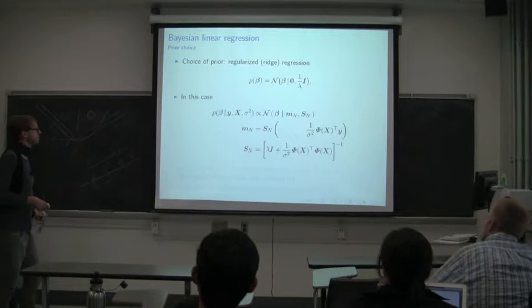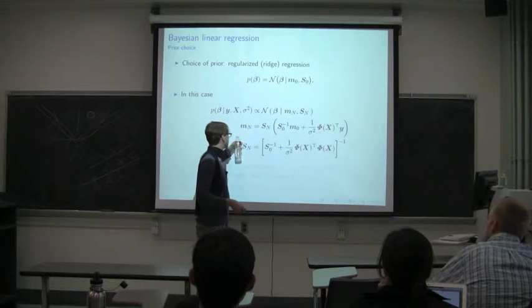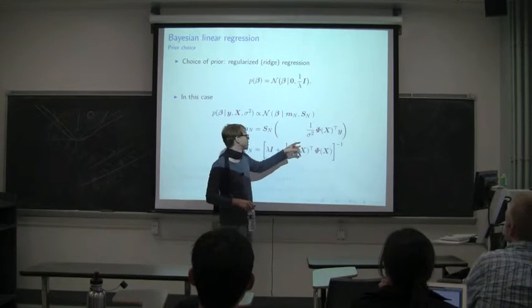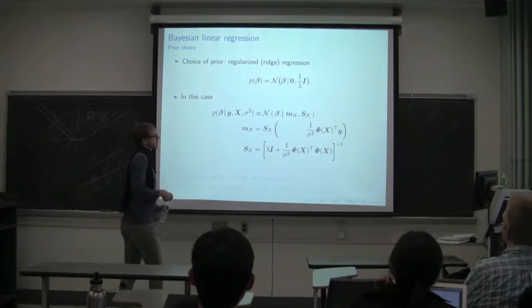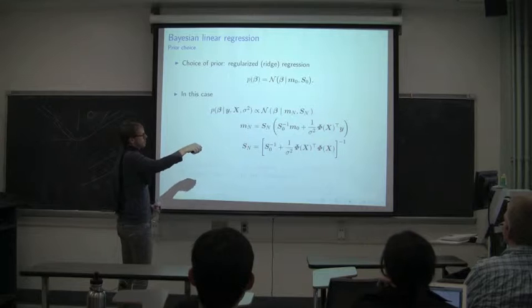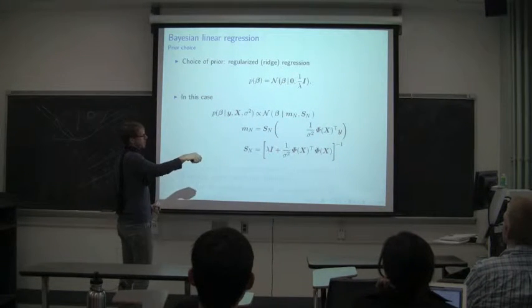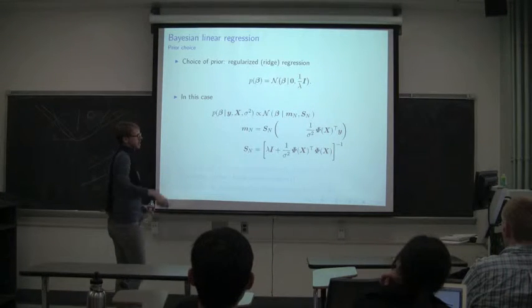In this case, the posterior parameters simplify a little bit. Because this part is 0, it goes away, and this part is now lambda times identity, so this will be exactly the ridge regression.